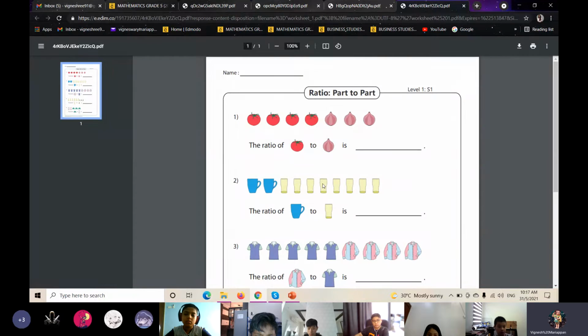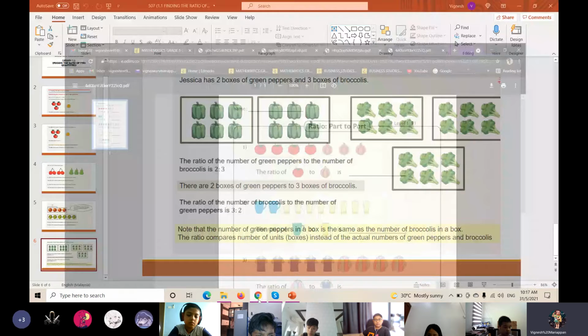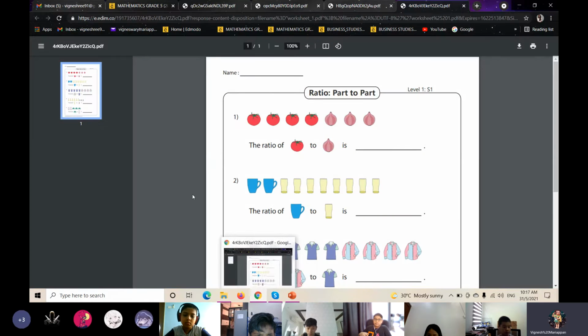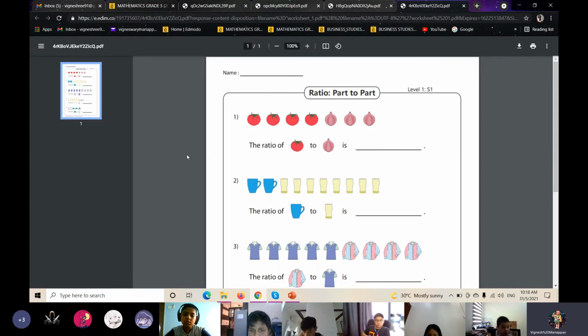These worksheets are all very easy because this is a basic worksheet. Can you see the worksheets in Edmodo or not? I already uploaded them before the class started. Please check, and if you cannot view them, let me know. But for now, I'm sharing my screen so you can see the worksheet from here.